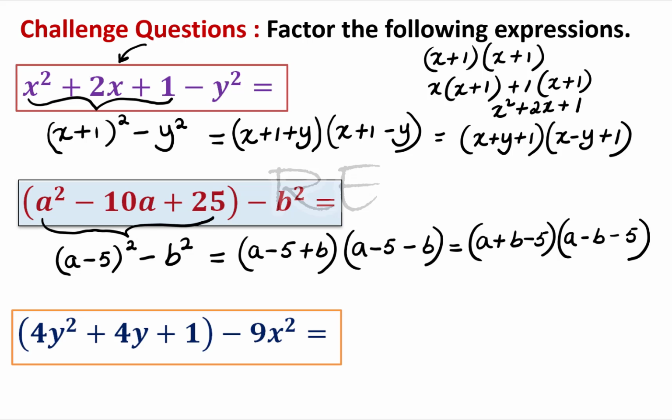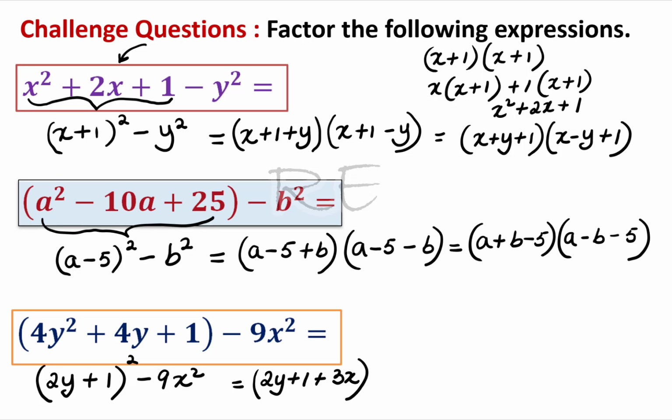If we recognize 4y squared plus 4y plus 1 as a perfect square, then we will write it 2y plus 1 squared minus 9x squared. Difference of two squares. 2y plus 1 plus 3x times 2y plus 1 minus 3x.